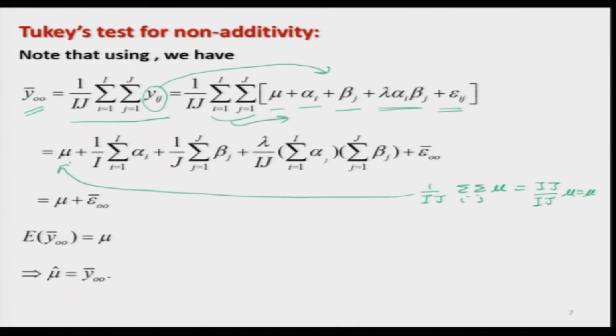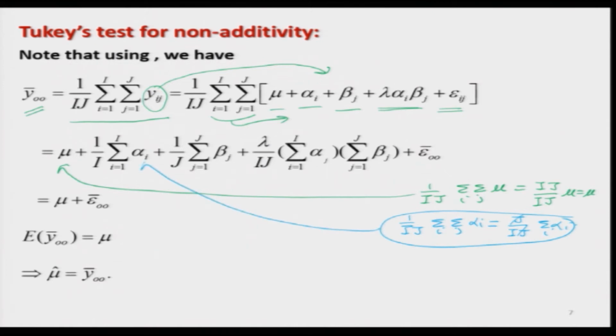Now, if you try to solve the other part, this will become 1 over IJ summation over i summation over j alpha_i, and this is equal to J over IJ summation over i alpha_i. So, this J gets cancelled out and this term is written over here.